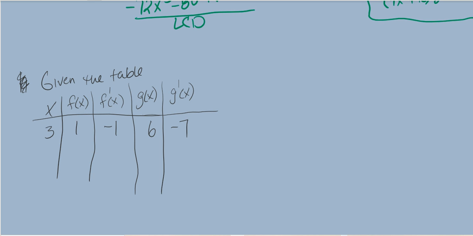And it says, given this information, we want to find H prime of 3, or the derivative of H evaluating 3, if our H of X is equal to G of X times F of X.